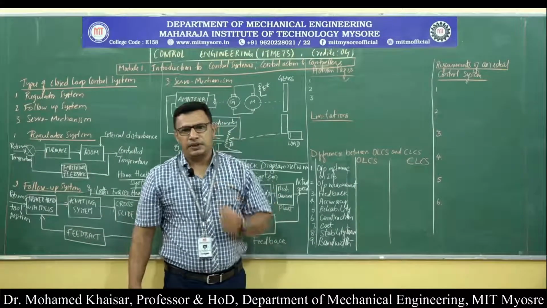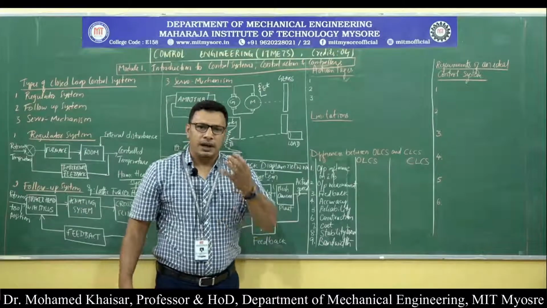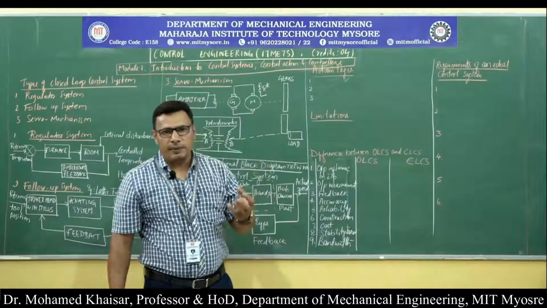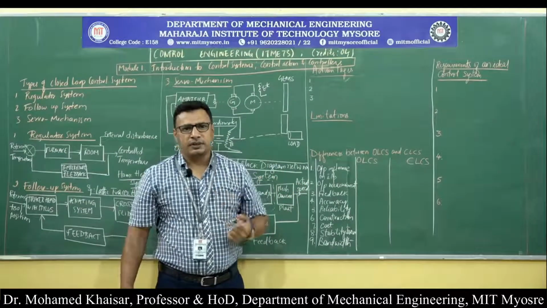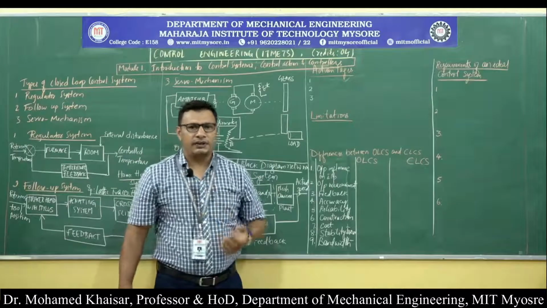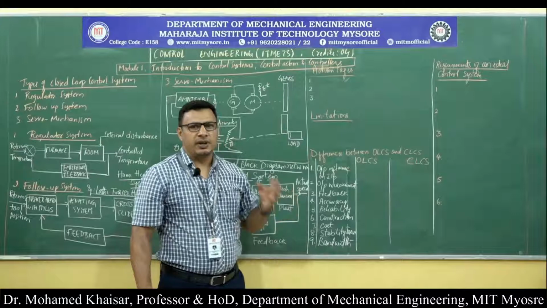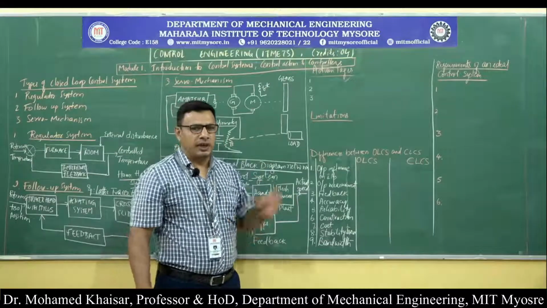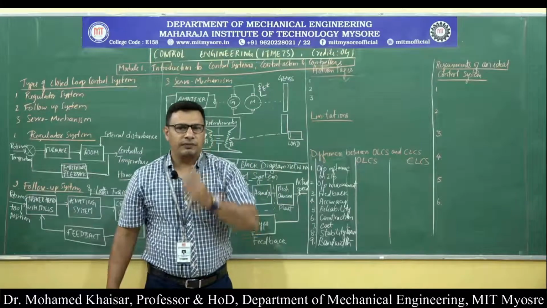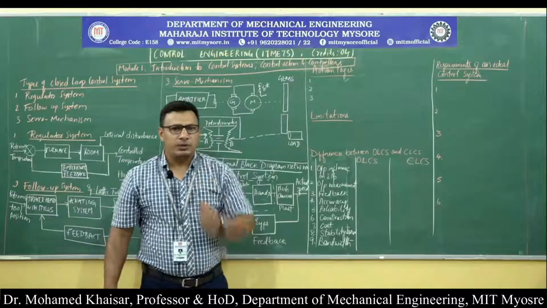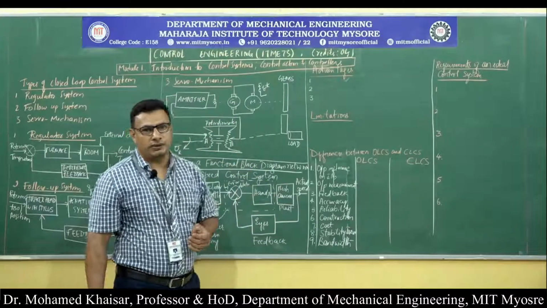Anytime there is an external disturbance, it leads to fluctuations in the output, but due to the presence of feedback and the controller, even if the output is not the desirable output due to external disturbances, we can consider them, apply the compensation to the system, and bring the output back to the desirable output. Those are the major advantages of the closed loop control system.